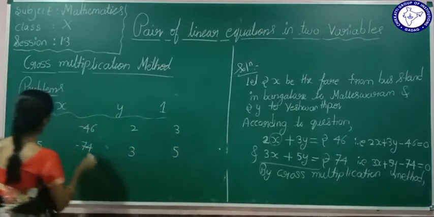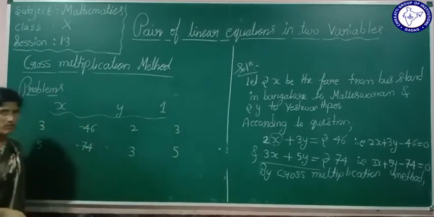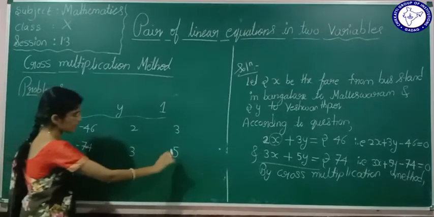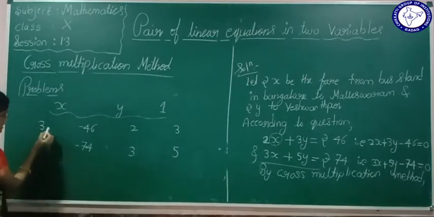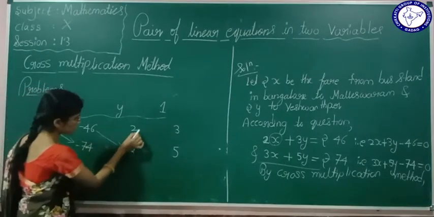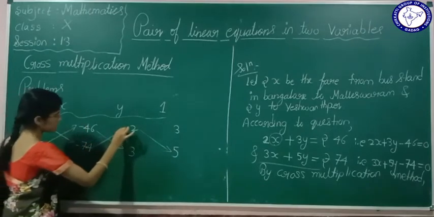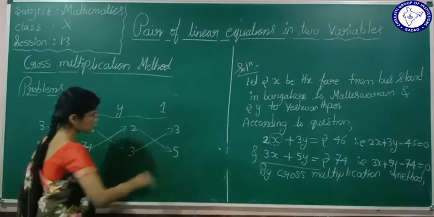You know, see student, where we started, we got again the same thing. Okay. Now what is the next step? We have to draw downward arrows, afterwards upward arrows. Yes.